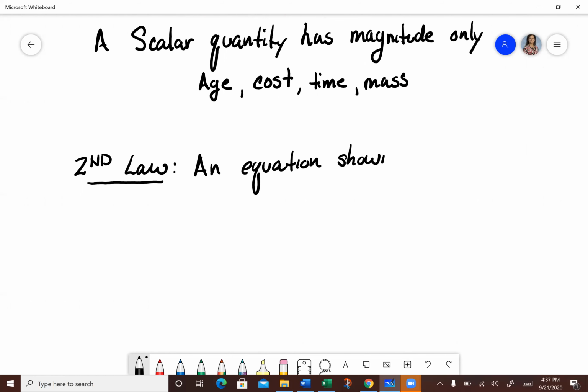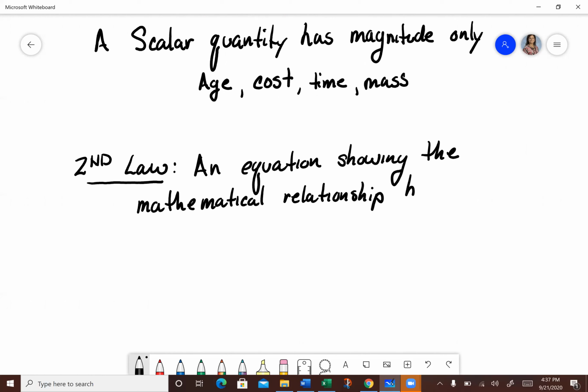It's an equation showing the mathematical relationship between force, mass, and acceleration.